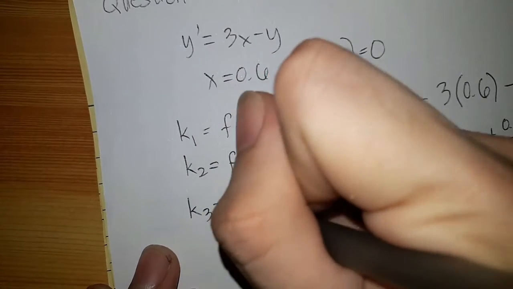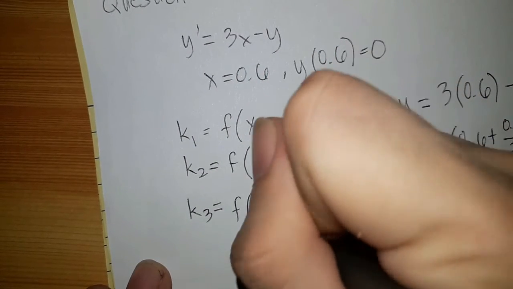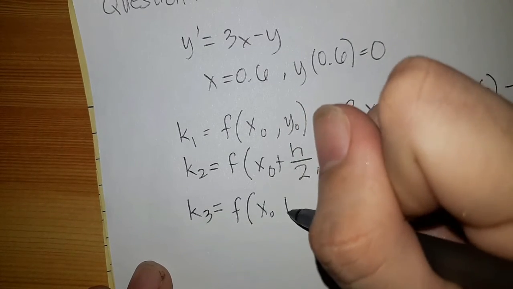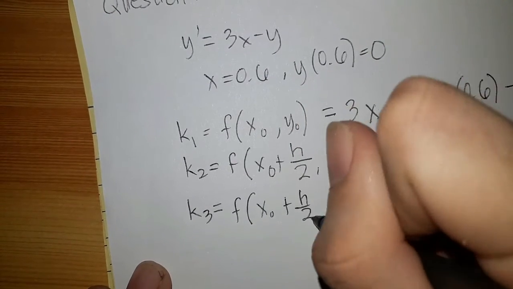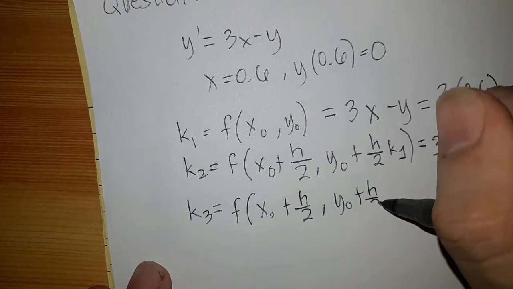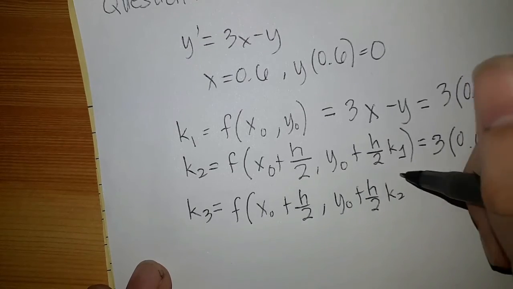After solving k2, let us now solve k3. k3 is equal to the function of x sub 0 plus h over 2, comma y sub 0 plus h over 2 times the value of k2.